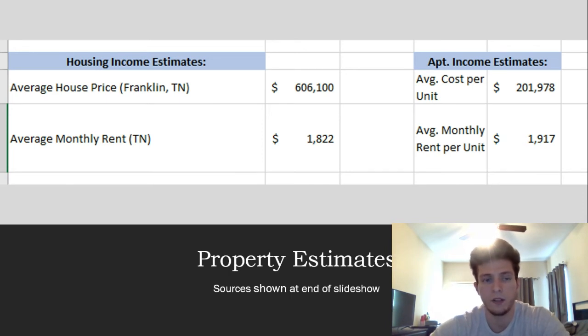So, here are the prices and the average rent for both apartments and for houses. I also looked into using office buildings, but that is a lot more expensive and it's also a little bit harder to estimate. So I kept it just houses and apartment buildings for now. Or actually, I should mention apartment, just rooms, like just one apartment.